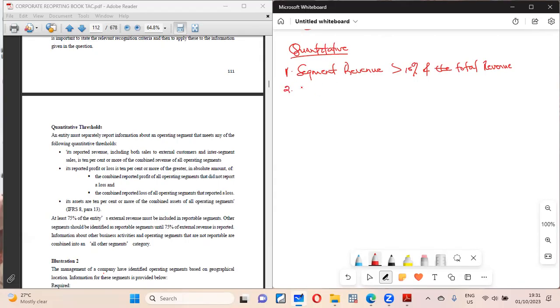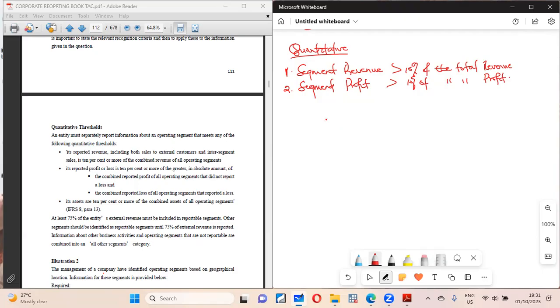Step 2, also, if the segment profit is also greater than 10% of the total group profit, then it's another way to identify an operating segment.